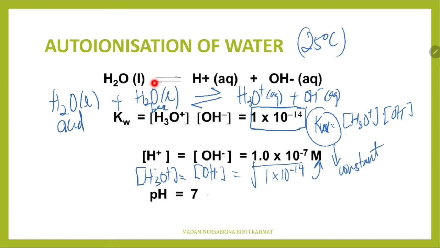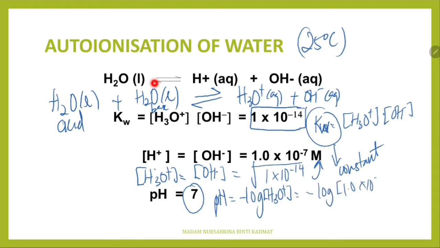If you remember, pH is the negative log of the concentration of H3O+. So I substitute the concentration of H3O+ that we found, negative log of 1.0 times 10 to the minus 7, and you get the pH of neutral salts to be 7.